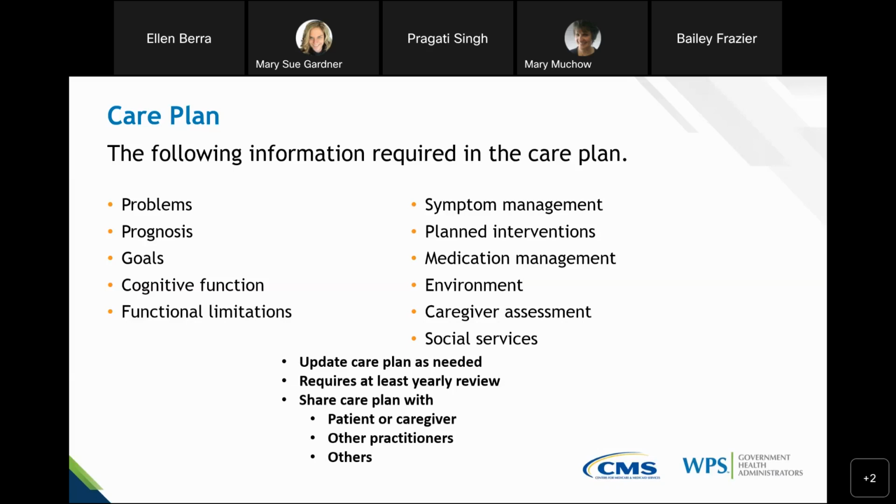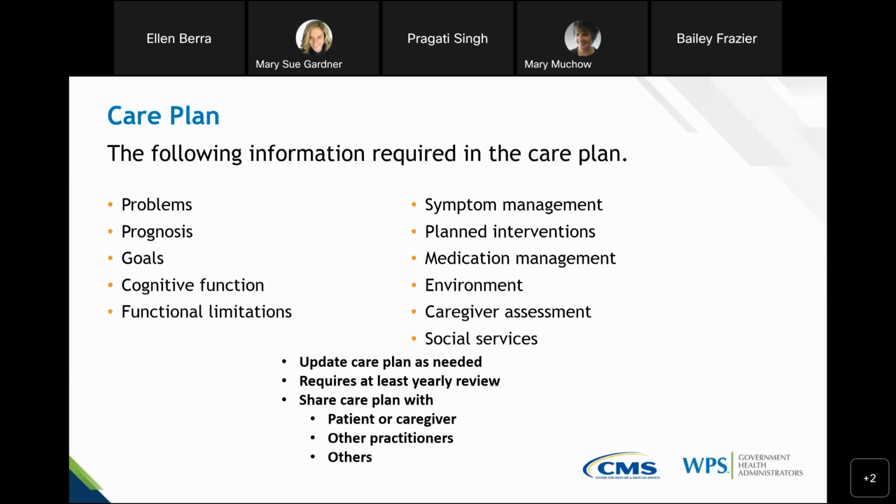When you're talking about prognosis, you're talking about this is what we expect. For some of your patients, it could be a life expectancy. For others of your patients, it's going to be identifying for them what you're expecting to happen with that single high risk condition.